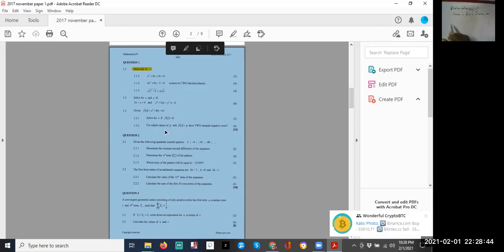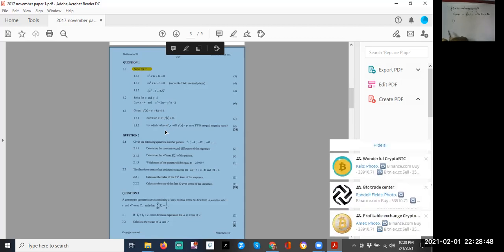Now, the first question says, solve for x when f of x is greater than 0. Now, this is an inequality.